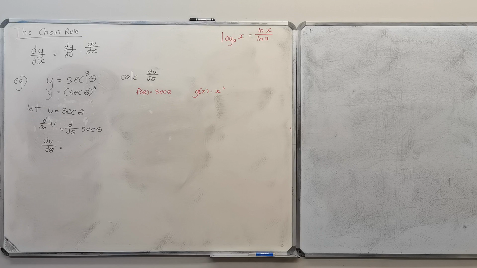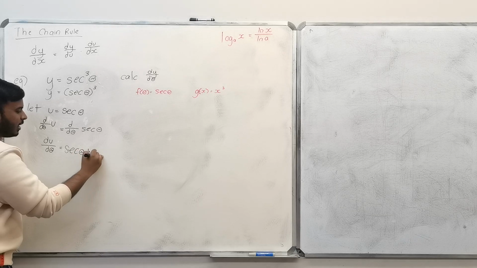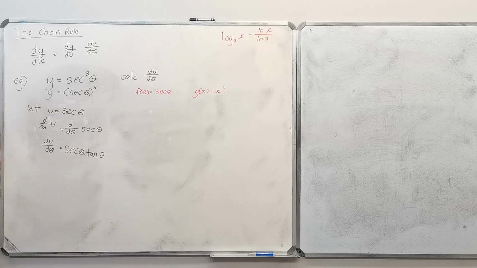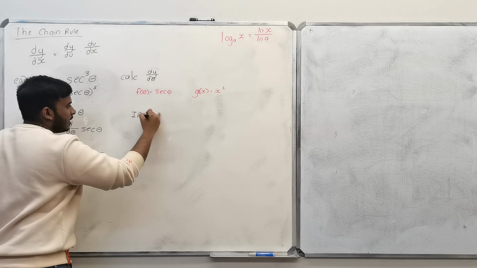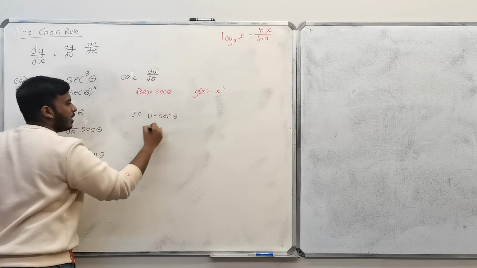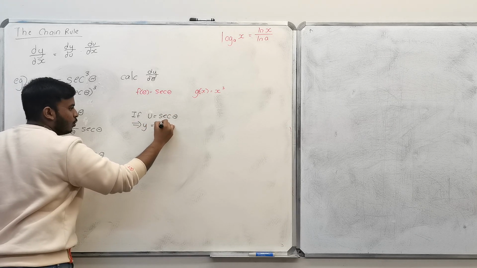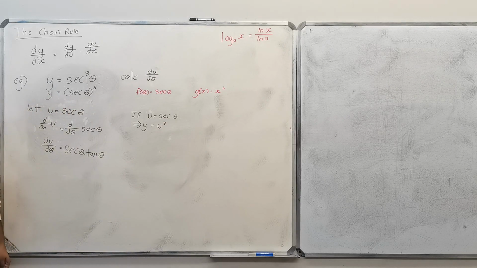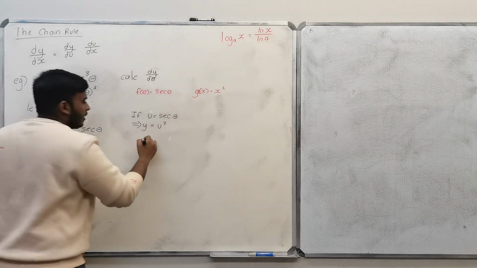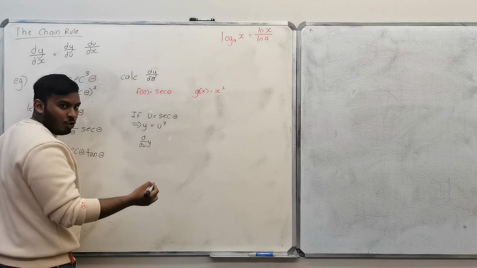It's sec theta times tan theta, right? Now, because we let u equal sec of the angle, your equation y now becomes u cubed. Agree? Now we're deriving equation y with respect to u.